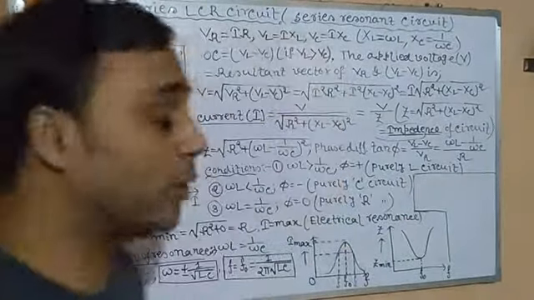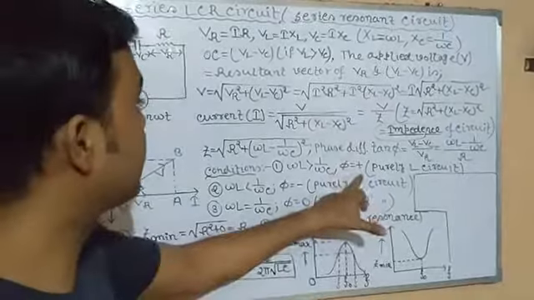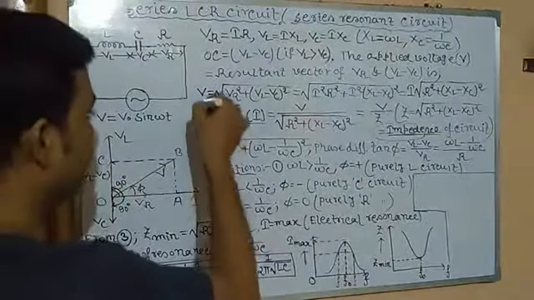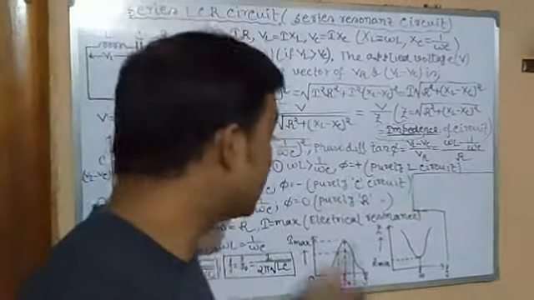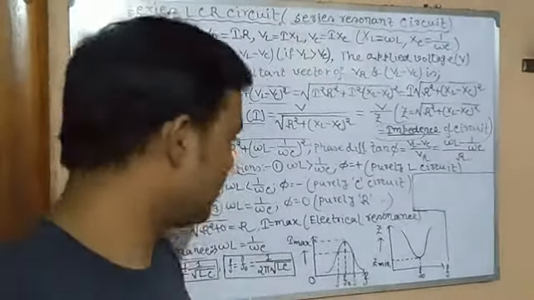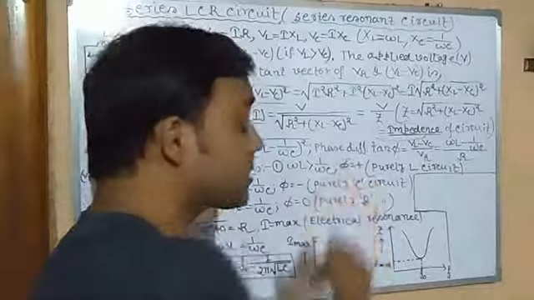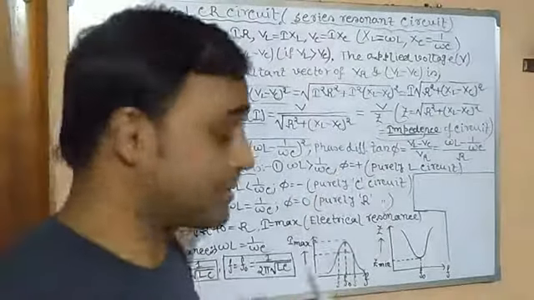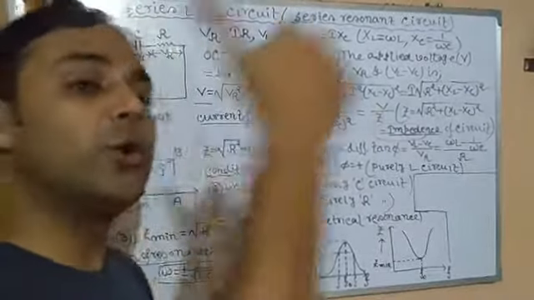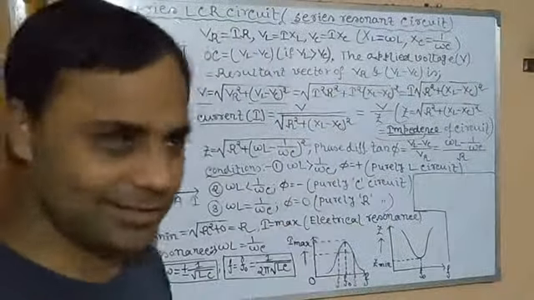Phi is positive means purely L circuit, not a purely resistive circuit. Why? Look at this, this is the expression of voltage, not current. So here voltage is plus, phi is plus. Whether it is plus 90 or minus 90, it will be plus in the expression of voltage. The voltage is ahead, it's not current.